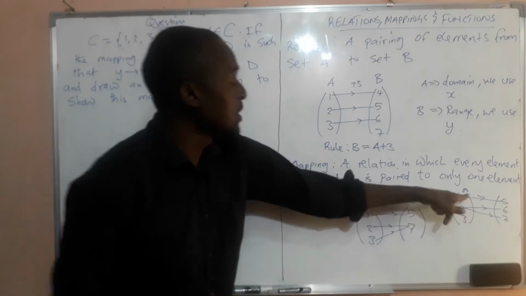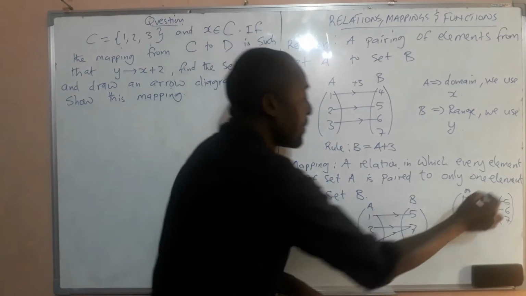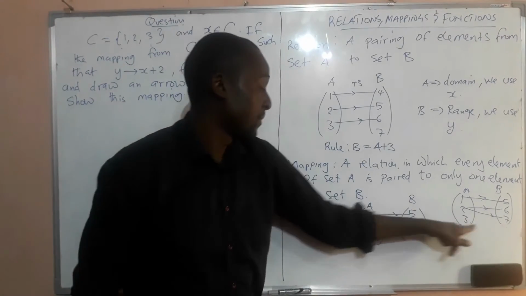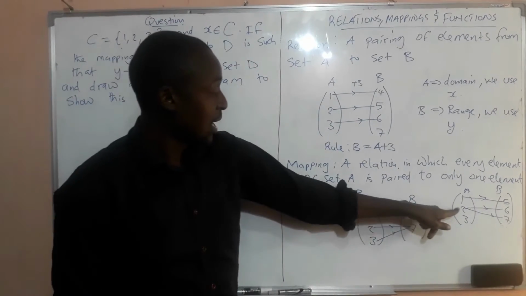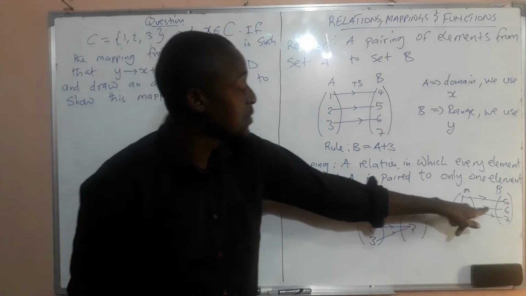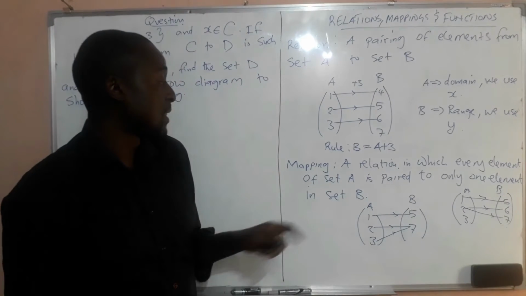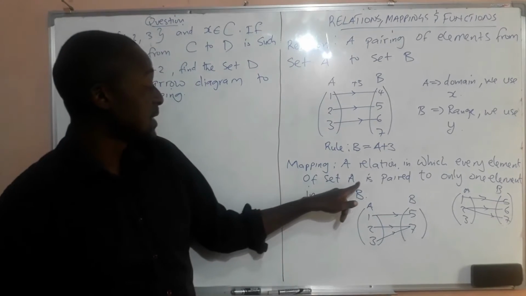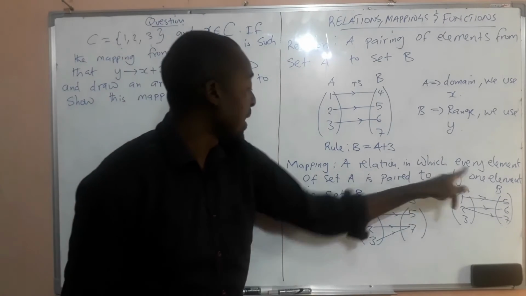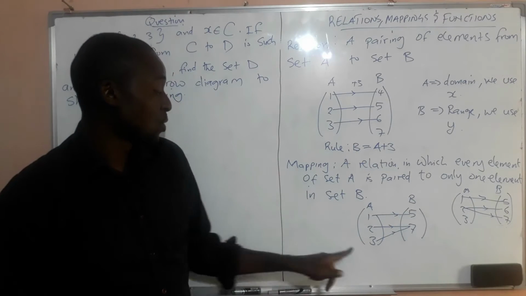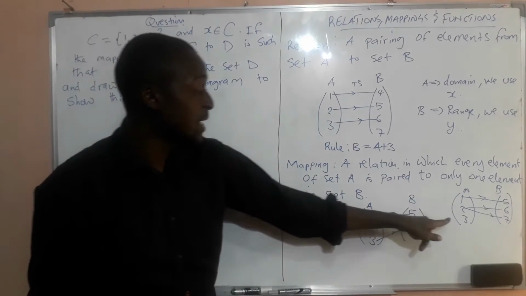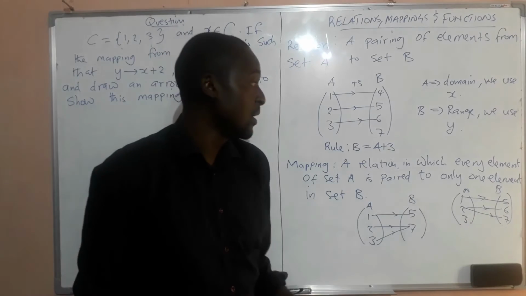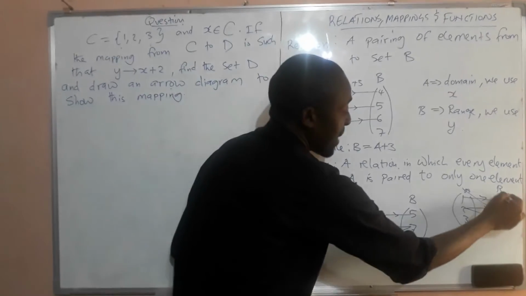This is not a mapping, because one element here is mapped to 2 there, and the definition says a relation in which every element of the set A is paired to only one element in the set B. So each and every element here should be paired. Here 3 is not paired, so this can't be a mapping. So this one is not a mapping.